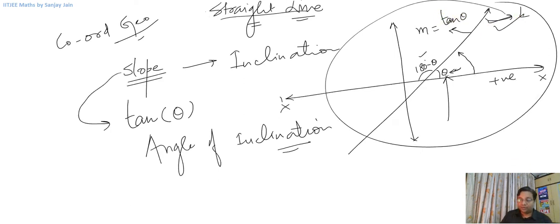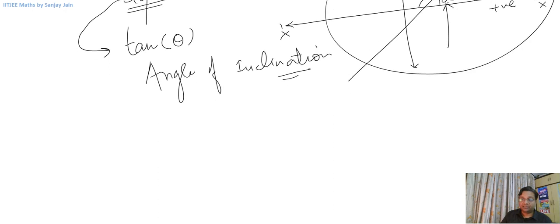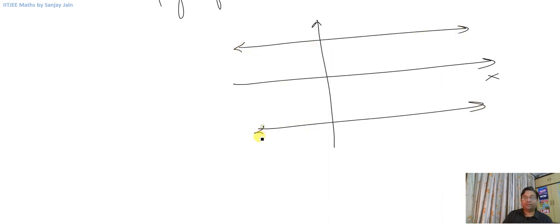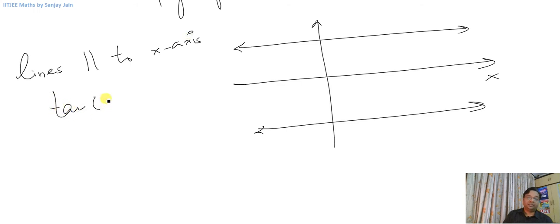Okay, now what about some special lines like vertical lines and horizontal lines? Now see, if let us say we have got this line which is parallel to x-axis, right? So for lines parallel to x-axis, this line doesn't intersect with the x-axis, right?